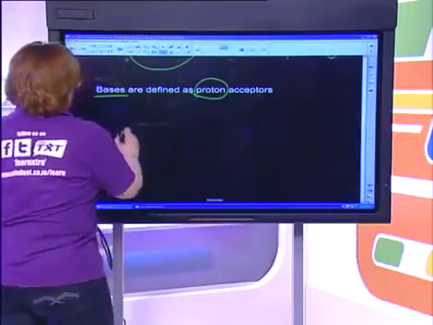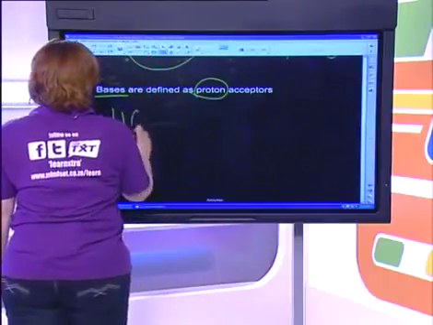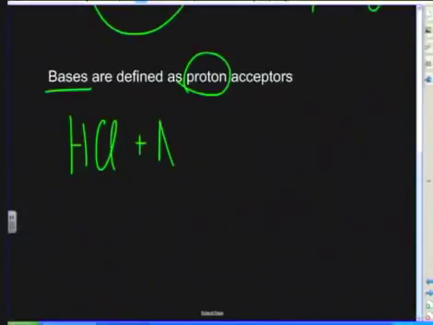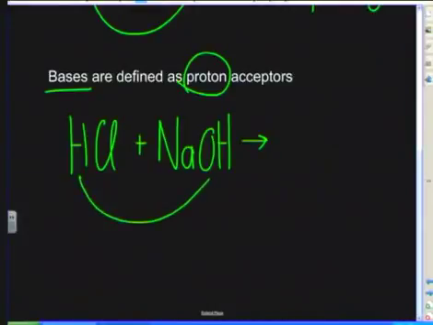Off it goes. So, for example, if I go HCl, which we know is an acid, let's add it to sodium hydroxide, and we say, well, sodium hydroxide is a proton acceptor, so this hydrogen goes over there. This is an H plus that gets moved.